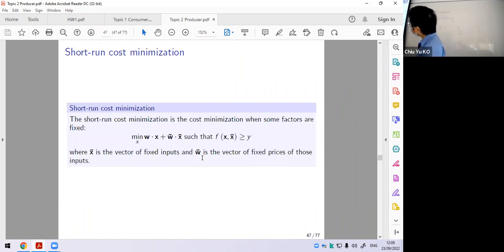So there's nothing deep here in terms of math. Saying that something is fixed means that you have some factor x bar that cannot be changed. In that case, the minimization problem will be the same, except that you're not going to change this one, right? So that is nothing new here, except that mathematically there's something that you can't change.